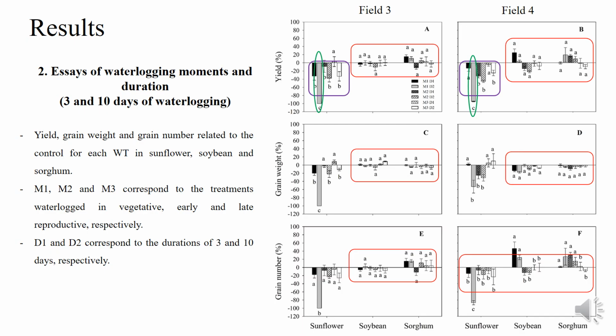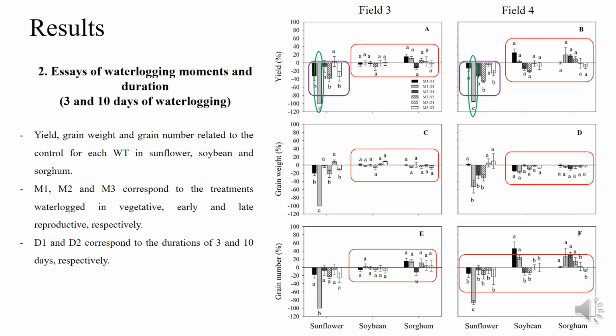On the one hand, 3 days of waterlogging during the vegetative stage, then 3 and 10 days of waterlogging during the early reproductive stage, and 10 days of waterlogging during the late reproductive stage, or grain filling, reduce yield.